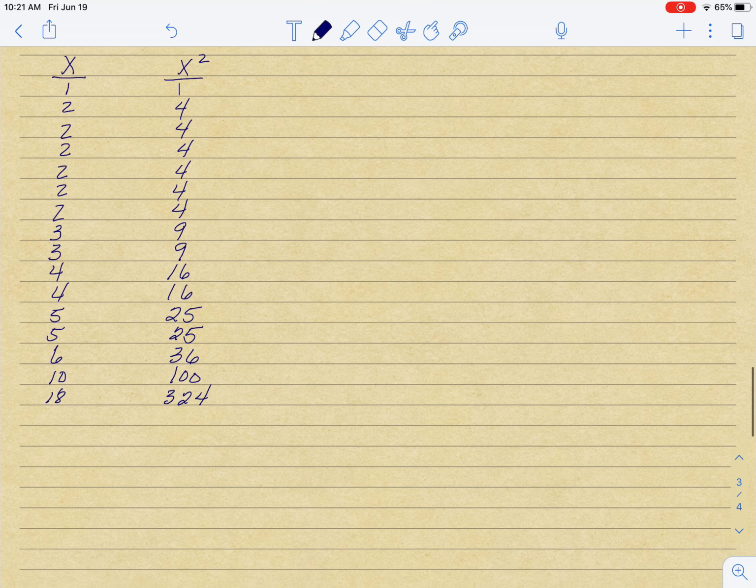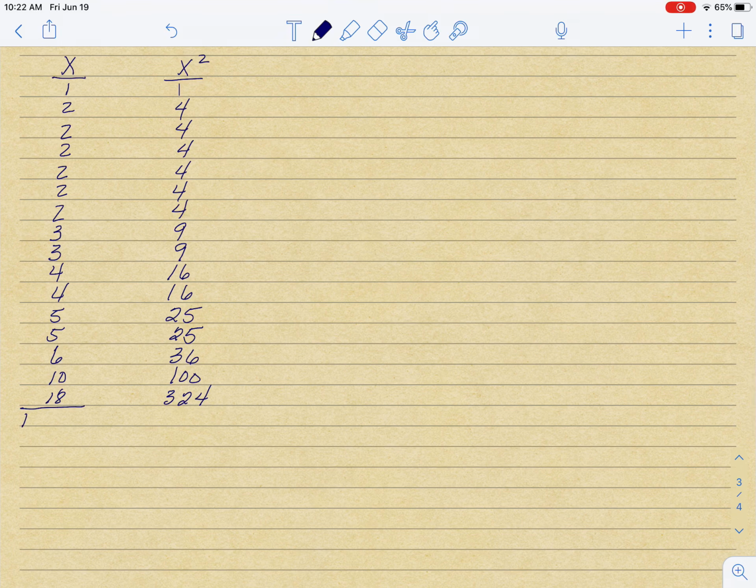Okay, now that I have this table, I need to actually add up both columns. Separately, of course.